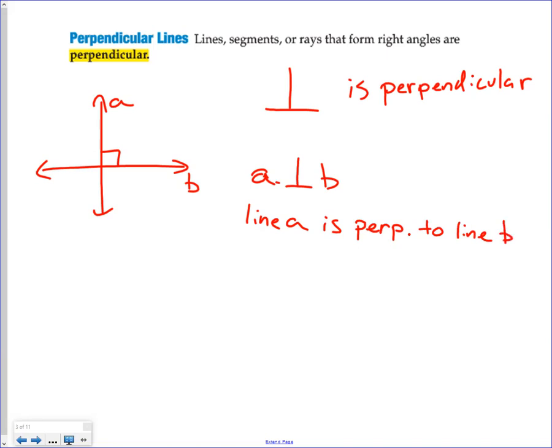Even when I'm writing it out, I get lazy. So perp. Line A is perpendicular to line B is how we would write that, read that. It'd be describing this diagram.